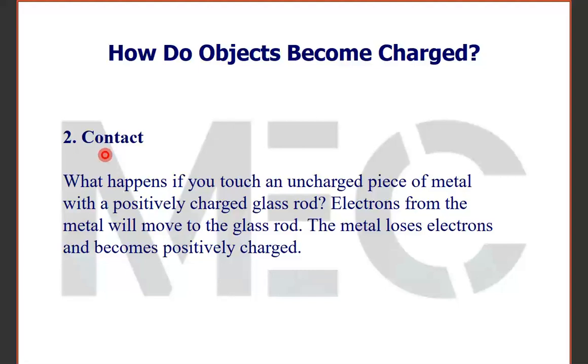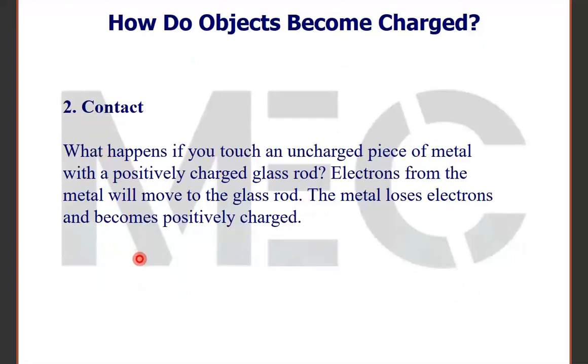we can charge objects. Another example is like this. Let's assume that this is a metal sphere with an insulating base. For example, assume that it has positive 4 charges, or we can say it has lost 4 electrons, just like this.